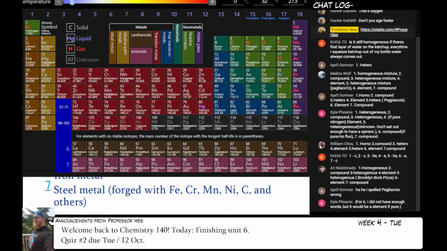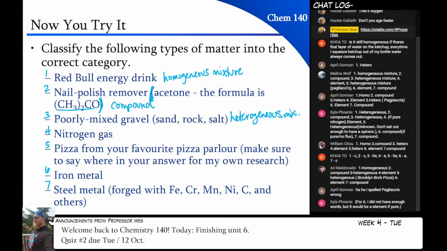There it is right there. There's our nitrogen. Nitrogen gas is actually N2, which we'll learn about a little bit later. But because that's the only element listed, we can call it that. It's an element.